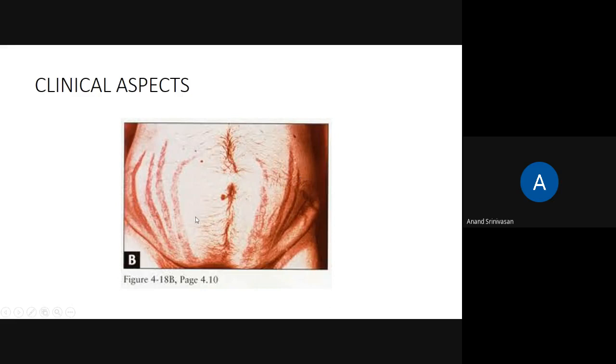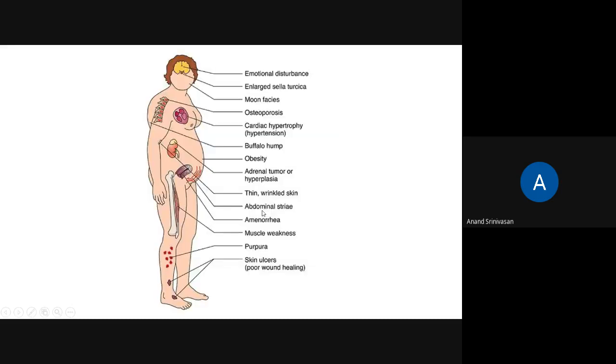This is because of excess secretion of corticosteroids, which leads to the condition called Cushing's syndrome. I'm not going into the details of these, which will be covered in physiology and pathophysiology.